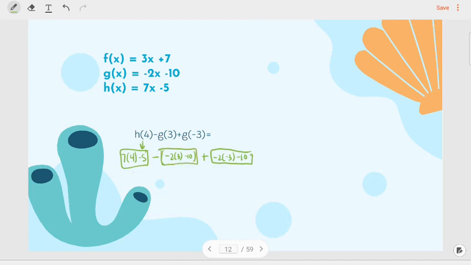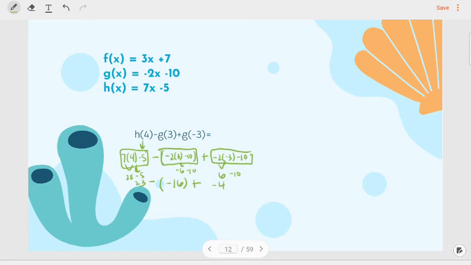Okay, so 7 times 4 was 28, minus 5 is 23. So I'm going to simplify all of that, minus, now I'm going to simplify all of this. Negative 2 times 3 is negative 6, minus 10 is negative 16. So I have a minus, parentheses, negative 16, plus negative 2 times negative 3 is positive 6, minus 10 is negative 4.